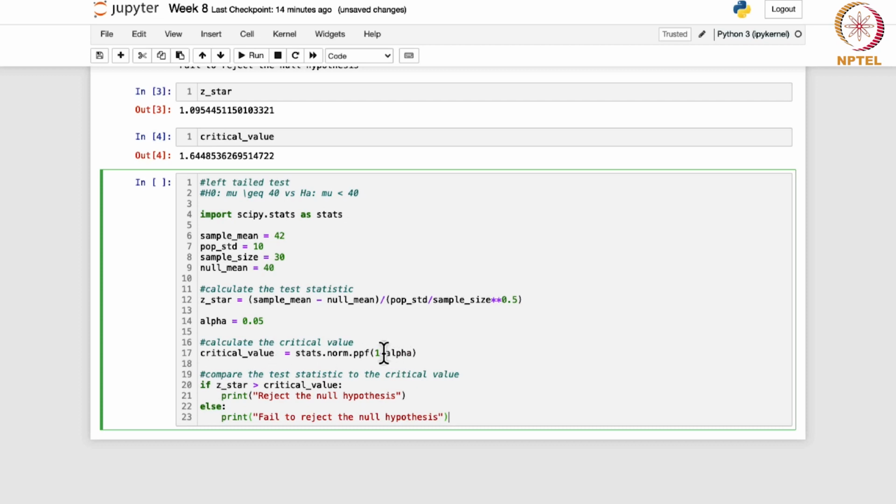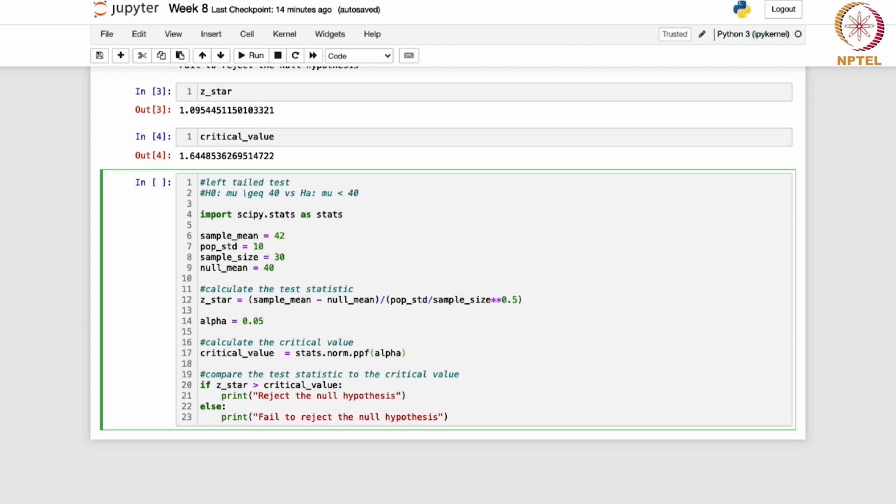In this case it would be alpha only, because this is the lower tail. It will find the z score that corresponds to the cumulative probability from the left. In the left tail also, the area to the left of it is alpha. If you visualize the standard normal distribution and consider the minus z alpha value, there also you consider the area to the left.